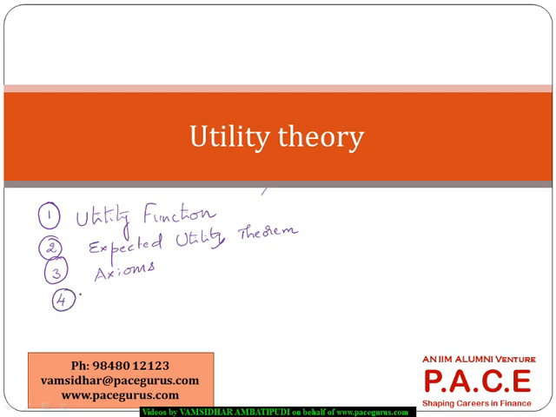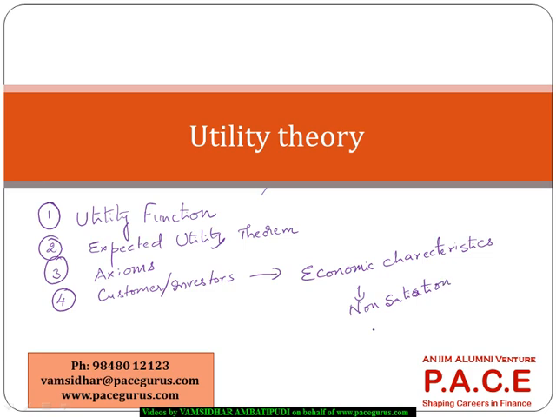Then from each customer or investor perspective, what are the various economic characteristics of each of these customers, of each of these investors with respect to the utility? So we'll be talking about a few important terms like non-satiation. We'll discuss what each of these definitions means.